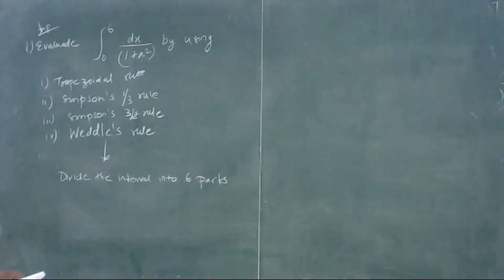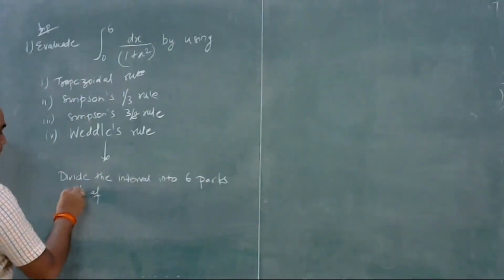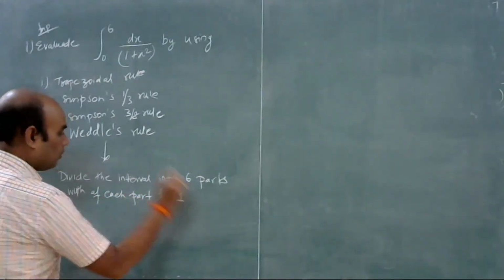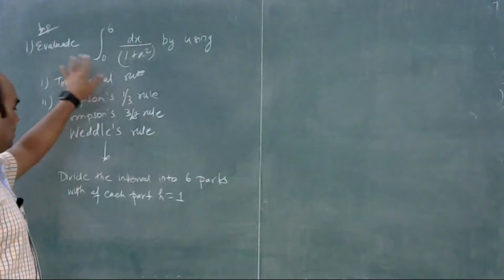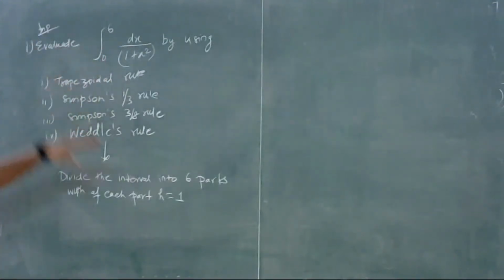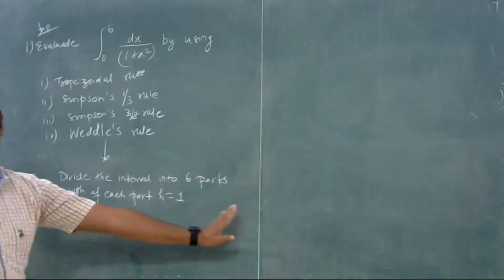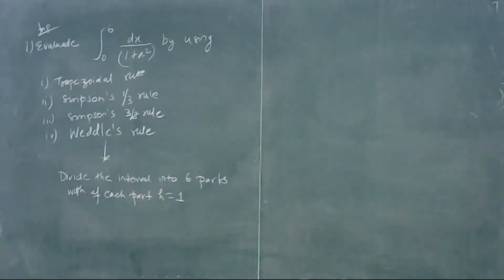We are dividing this interval from 0 to 6 into 6 parts, and the width of each part, h, is 1. That is 0 to 1, 1 to 2, 2 to 3, and so on. So you have to do it by yourself, how to divide this interval.